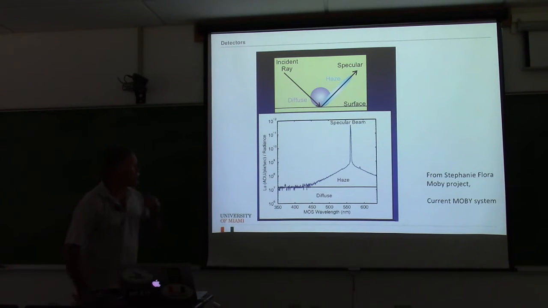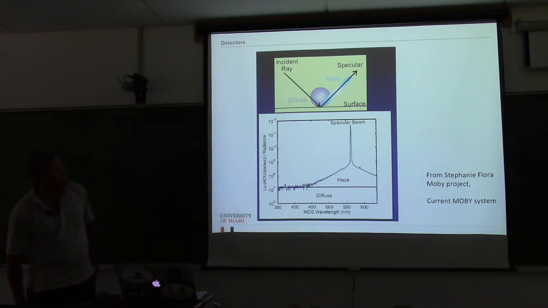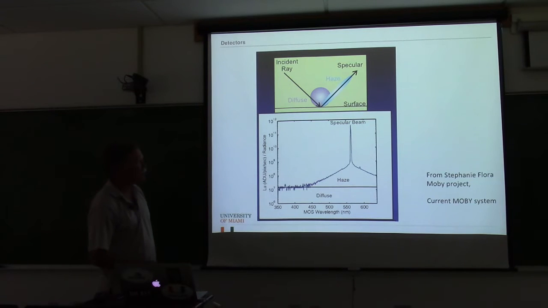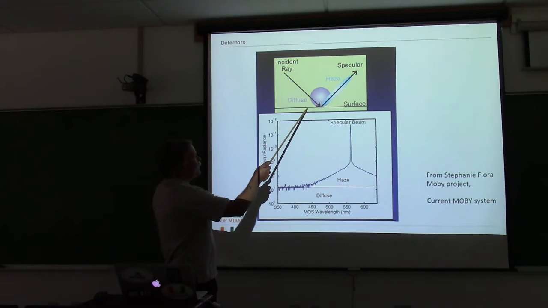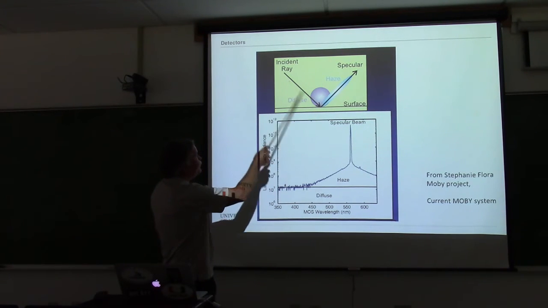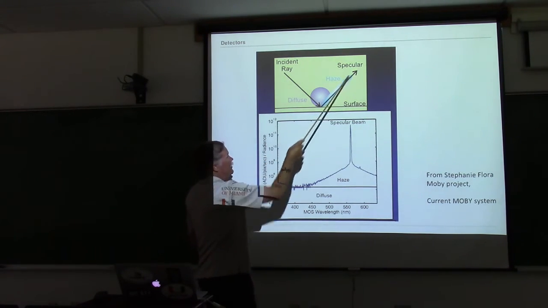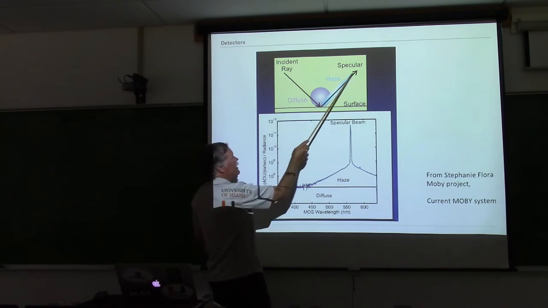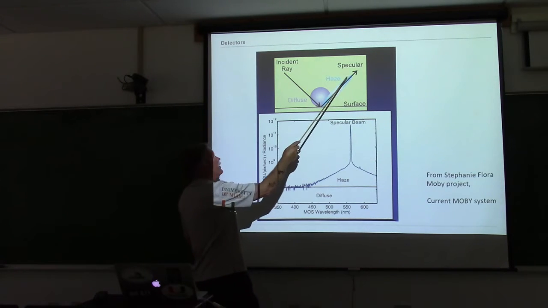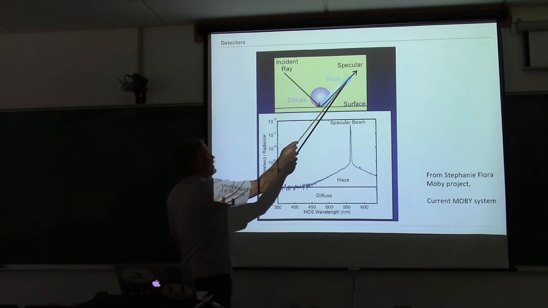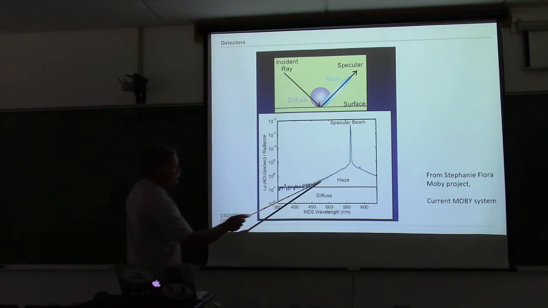The stray light that I'm talking about, here's a nice picture, Stephanie, from the Moby project set up. If you look at an incident ray and you have a reflective diffraction grating, the incident ray comes off, and you would like, say, the wavelength that you want to be sent off in this direction. There's sort of a haze around that direction, which causes these shoulders.